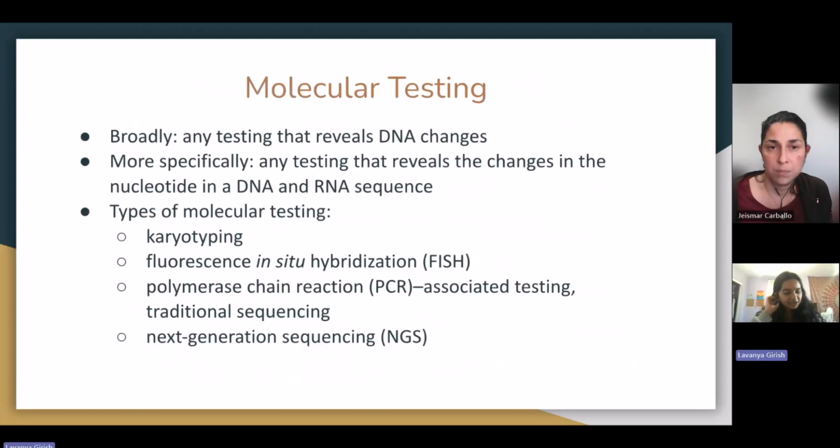So molecular testing broadly is any testing that reveals DNA changes, and more specifically, it's any testing that reveals changes in the nucleotides in a DNA and RNA sequence. There are many types of molecular testing, but the ones that were covered were karyotyping, FISH, PCR testing, and next generation sequencing.